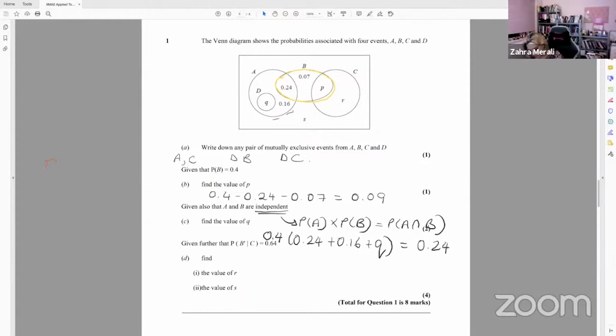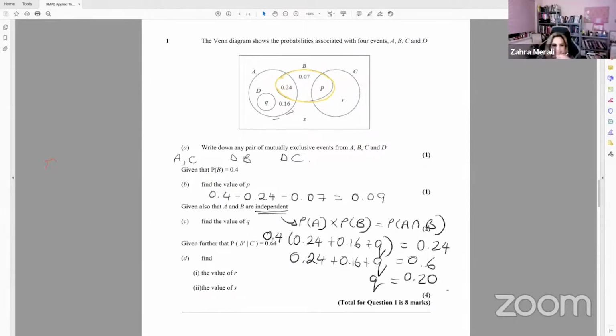So you divide 0.24 by 0.4, which gives you 0.6. So 0.24 plus 0.16 plus Q equals 0.6. Therefore, Q equals 0.20.